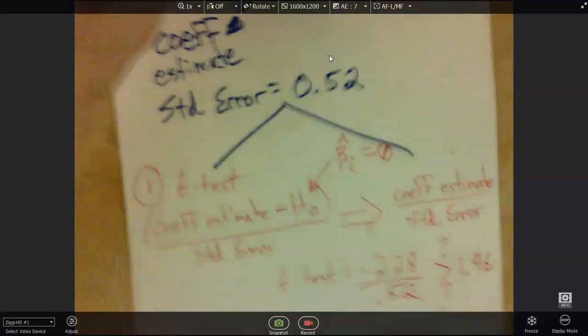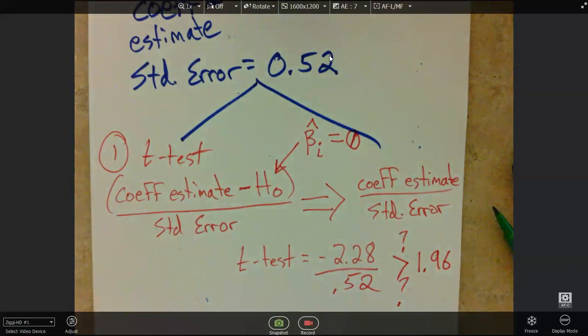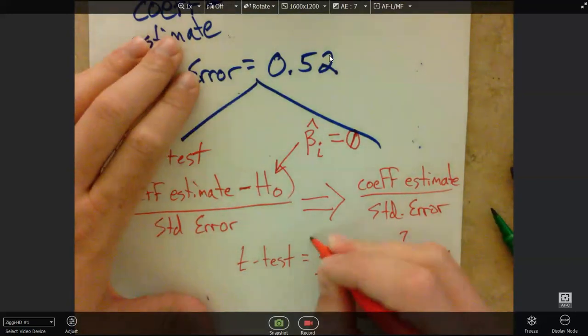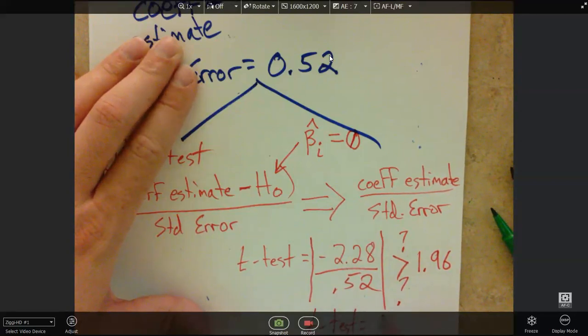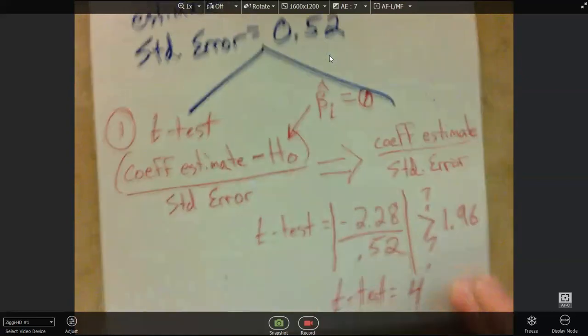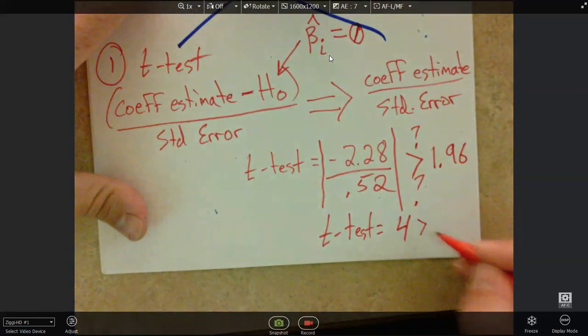Is the absolute value of it bigger than 1.96? The answer is yes. 0.52 goes into 2.28 over 4 times, so this t-test gives us a value of around 4, which is definitely greater than 1.96.